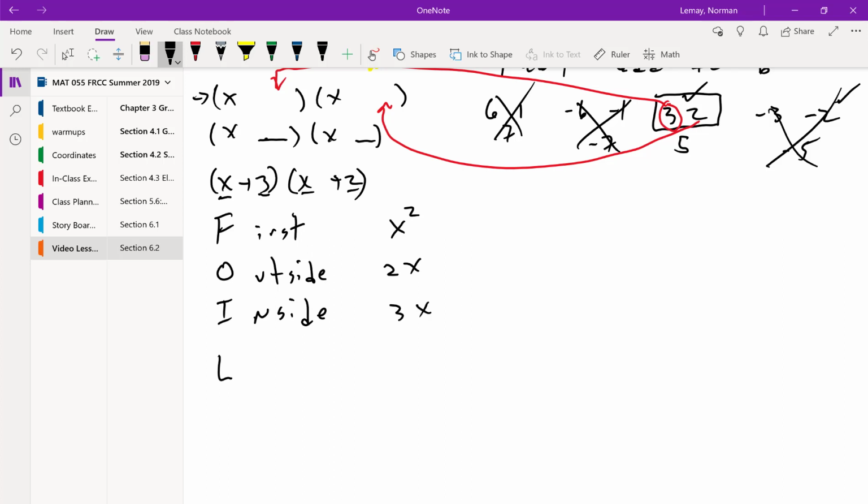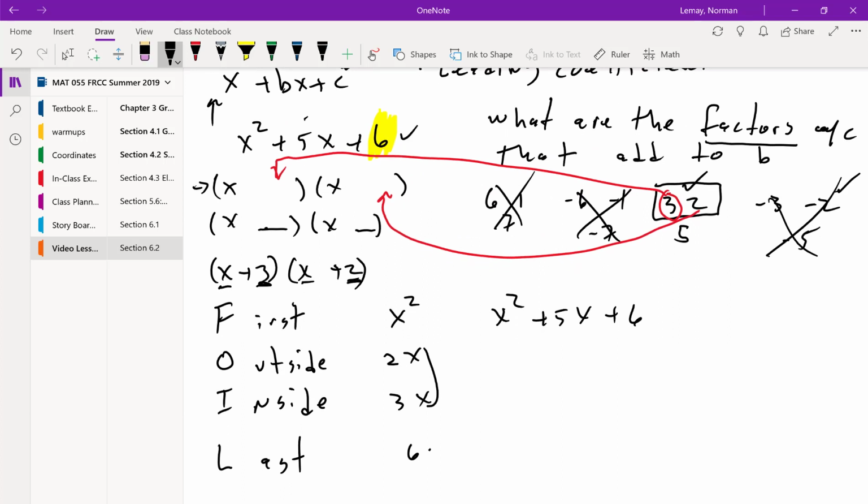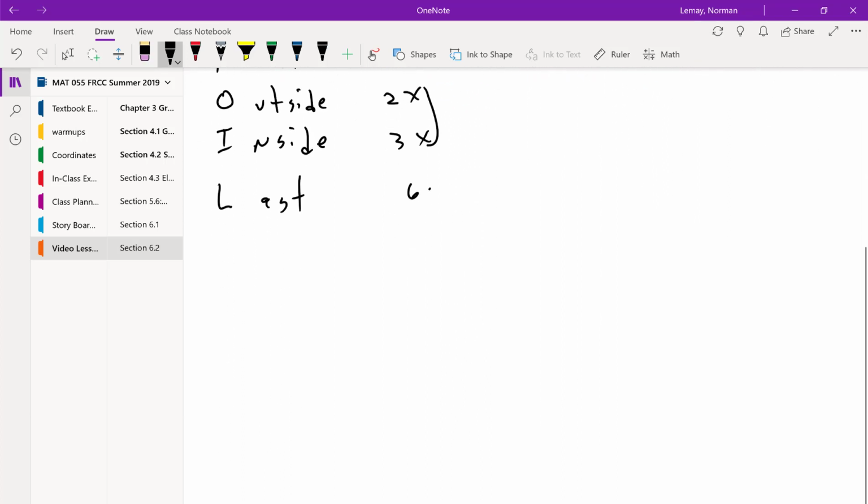And finally the L is for the last two terms. We get the 3 and the 2, which is 6. So notice that this becomes x squared, and we can add these two up, which gives us 5x. And then finally we get our last one, 6. Okay? And notice that that's what we started with. So everything works out nicely.